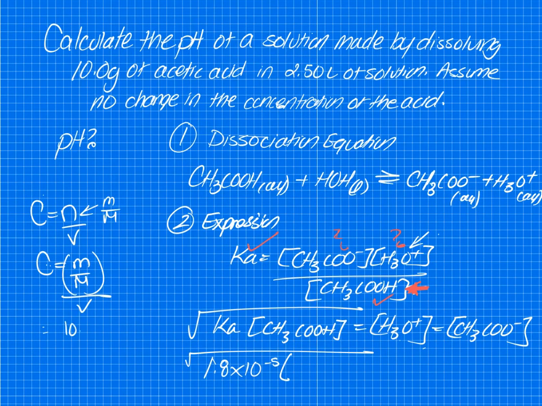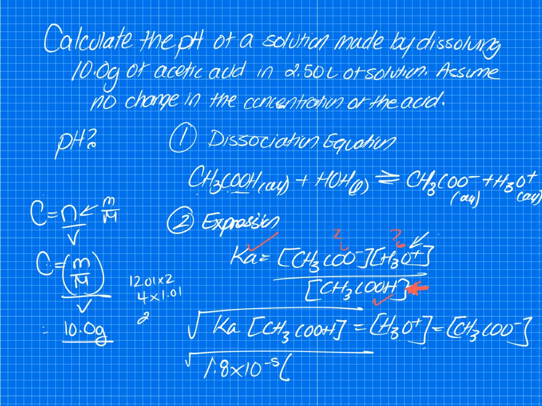So we're going to take the mass. So now we need the molar mass. That would be 2 carbons. Is it 2 carbons, 2 oxygens, and 4 hydrogens? So 2 carbons, that's 12.01 times 2. 4 hydrogens, that's 4 times 1.01.